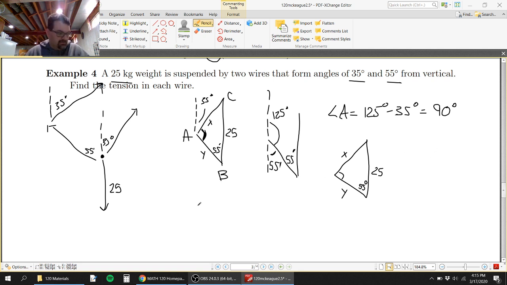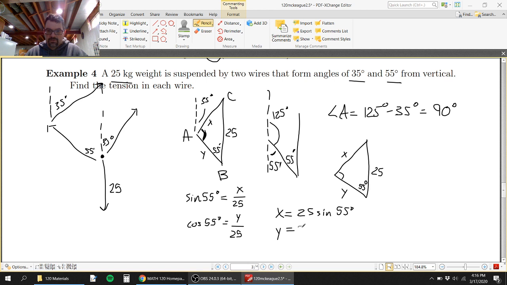Sine of 55 would be opposite over hypotenuse, which is X over 25. Cosine of 55 would be adjacent, Y over hypotenuse 25. So X is just going to be 25 sine 55. Y is going to be 25 cosine 55.